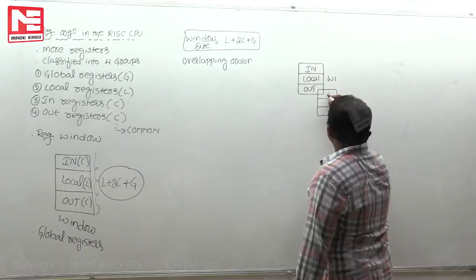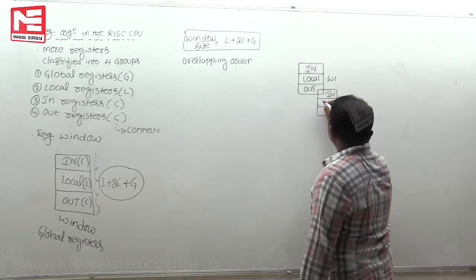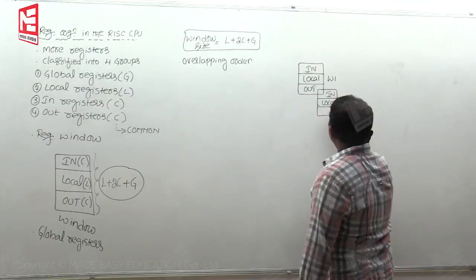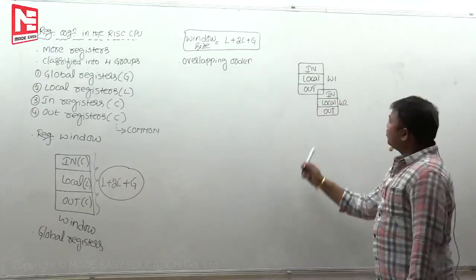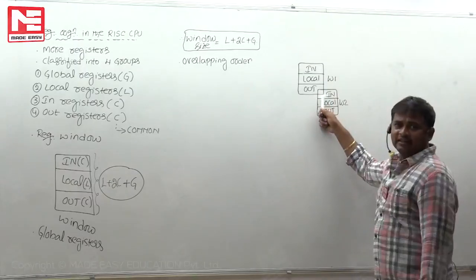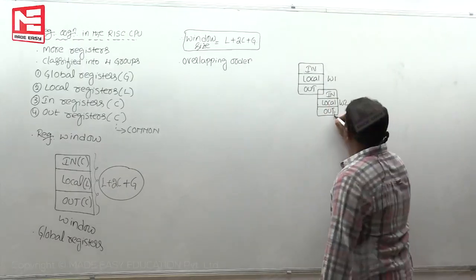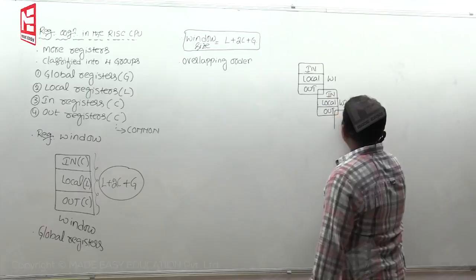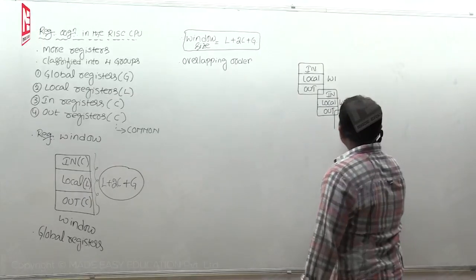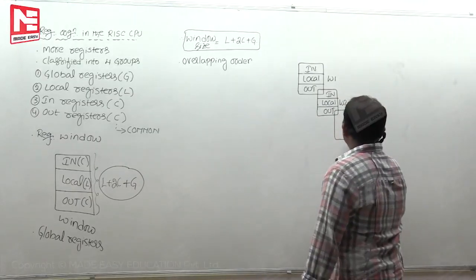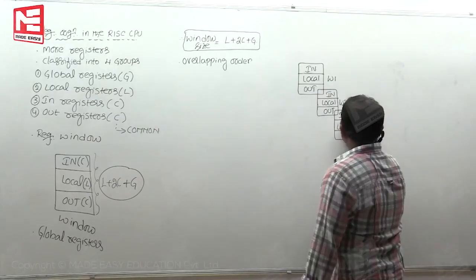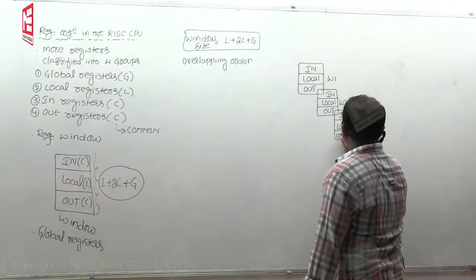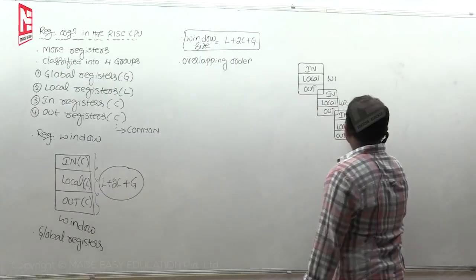So in window 2: in, local, out. See, window 1 out registers are used as in registers in window 2. Next, window 2 out registers are used as in registers in window 3. In, local, out. This is window 3. Is it clear now?